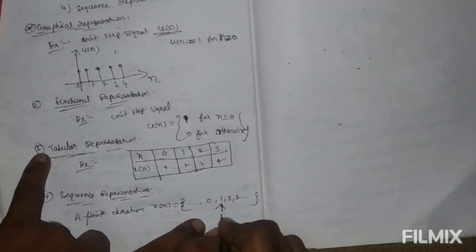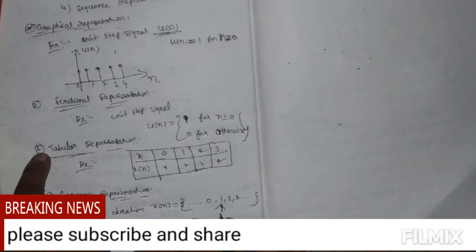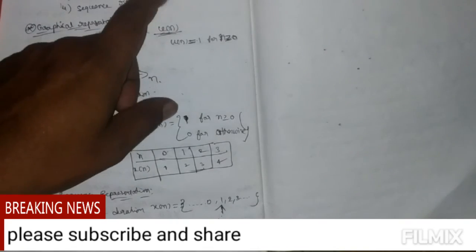This arrow marks the x of 0 value. This is the sequence representation. This is the representation of discrete time signals.